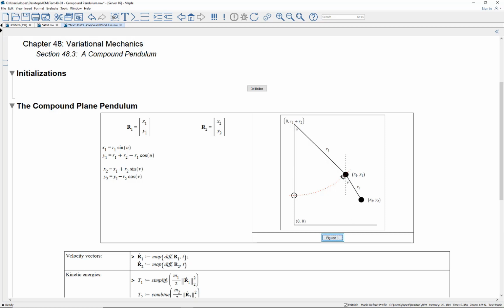That gives us the height y1. And then for the second bob, with respect to x1, y1, it's x1 plus this distance, and it's the full distance y1 less this amount, which gives you the height y2.